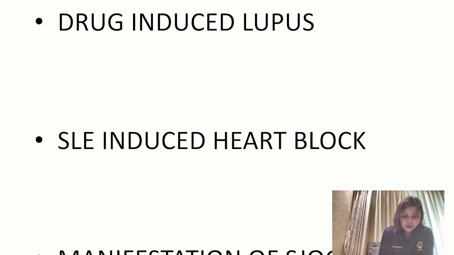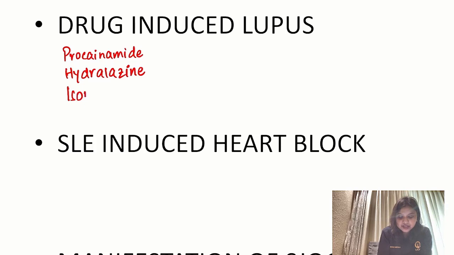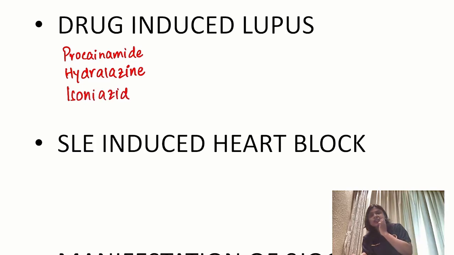Like we can remember the procainamide, okay? Hydralazine, isoniazid, anti-tubercular drug. So these 3 drugs are the most repeated ones in your papers, which causes drug-induced lupus.